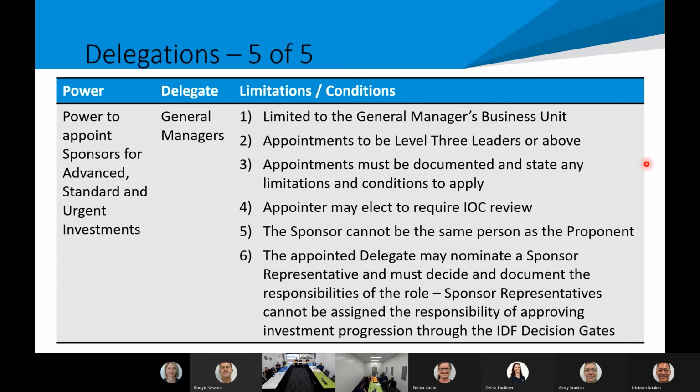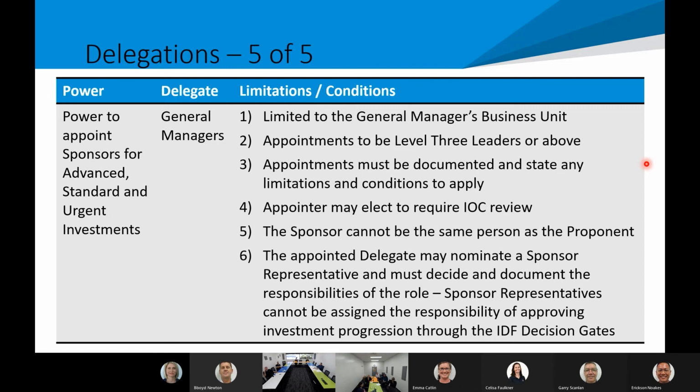The fifth delegation is around power to appoint sponsors for advanced, standard and urgent investments. So general managers are the delegate, and obviously the CEO can as well. And again, it's limited to the GM's business unit. Appointments can be down to level 3 leaders as sponsors.